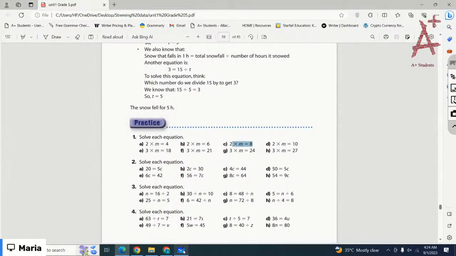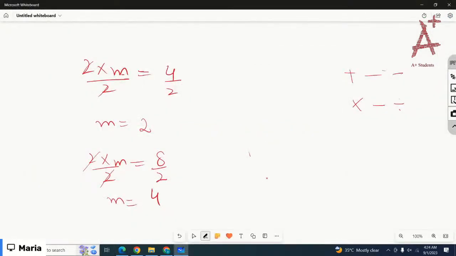Okay, let's just do another one. 3 times m equals 24.